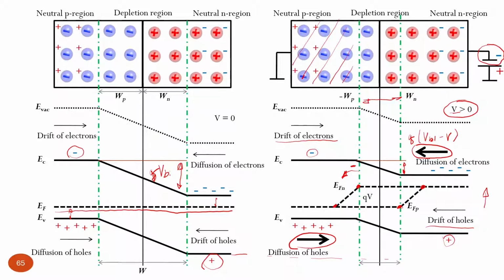So this fact is shown by the reduction of the Quasi-Fermi energy position up to the thermal equilibrium Fermi energy in the neutral region of the p-type semiconductor. So it reduces.